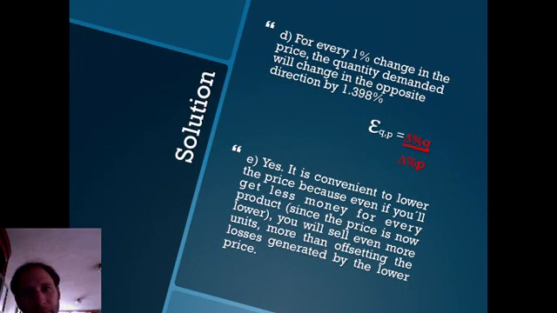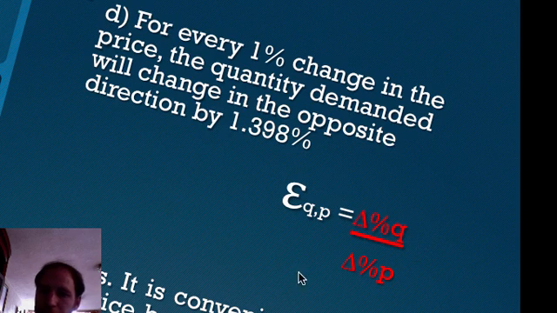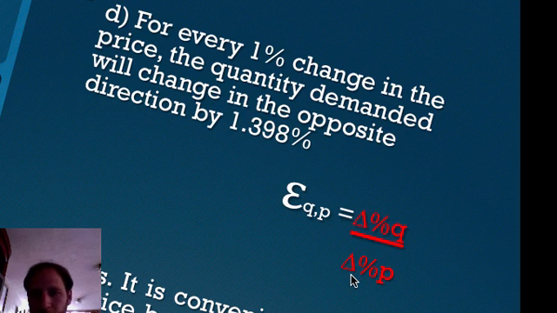Now in the next item, this is how we can interpret this. As I told you before, the definition of elasticity is the percentage change in Q due to a percentage change in P. I mean, P will change, let's say 1%, and then as a consequence, Q will change as well.